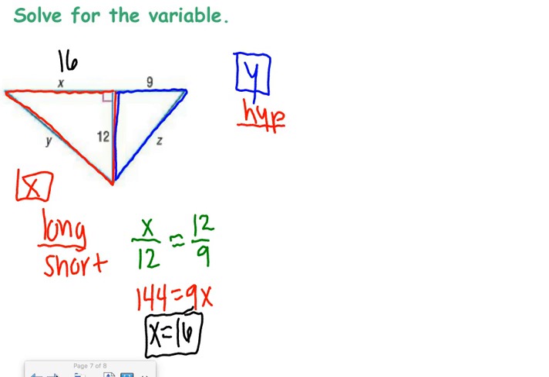So you should have either hypotenuse over long or long over hypotenuse, right? One of those two? Because 16 is our long, up there on the right triangle.